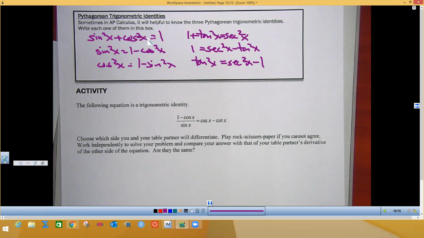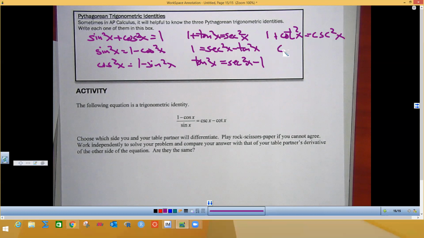The other thing we could do is divide everything by sine squared. Sine squared over sine squared is 1, plus cosine squared over sine squared is cotangent squared x, and 1 over sine squared equals cosecant squared x. So this is another Pythagorean identity.